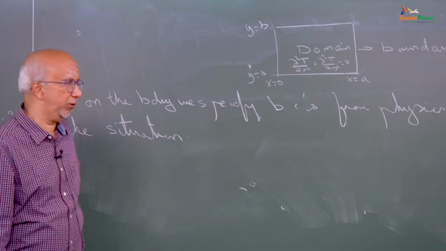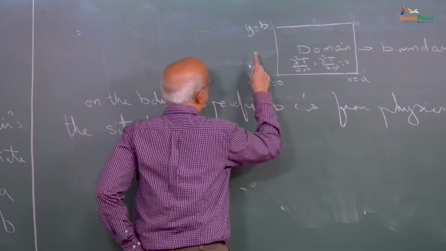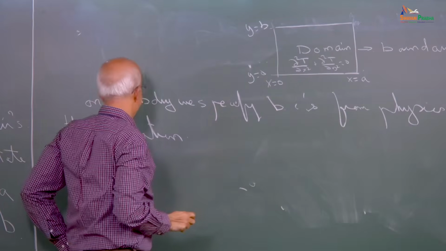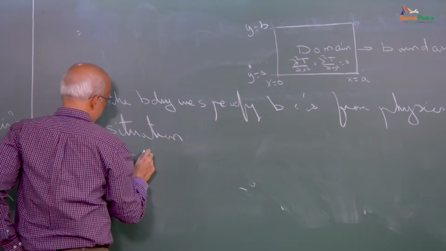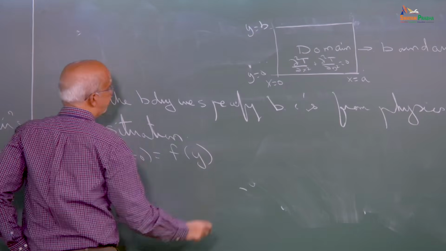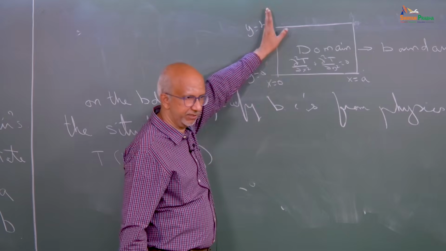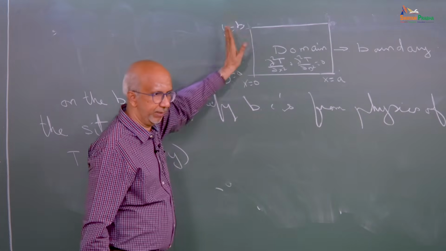So, one particular example of a boundary condition could be temperature. Let us say this boundary. What is this boundary? x equal to 0, y is changing, right. Temperature at x equal to 0, let us say, is equal to f of y. Along this line, y is changing, x is fixed, so temperature is going to be a function only of y at x equal to 0.